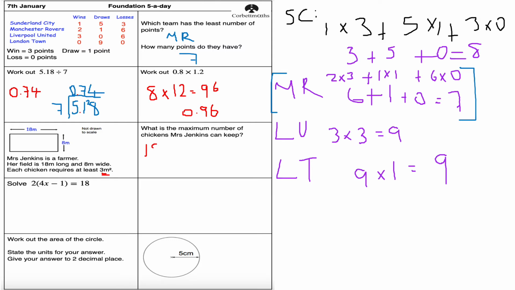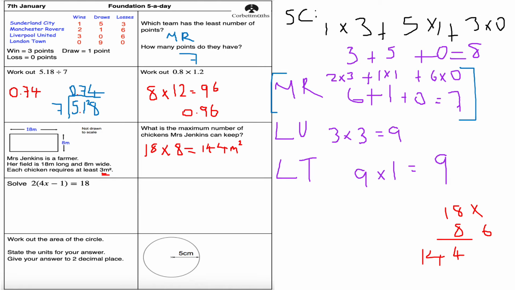The total area is going to be 18 times 8. 8 times 8 is 64, so 4 carry the 6. And 8 times 1 is 8, add 6 is 14. So it's 144 meters squared.